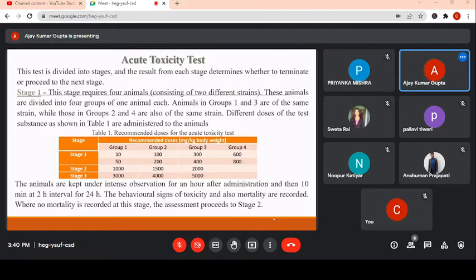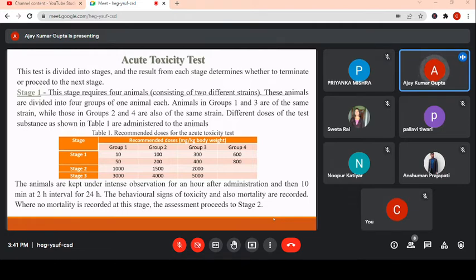So here are 4 groups, and 2 different strains of animals are used among these 4 groups. Group 1 and 3, that is odd, and group 2 and 4, even, consist of the same strain: group 1 and group 3 animals are of the same strain, while group 2 and group 4 animals are of a different strain.